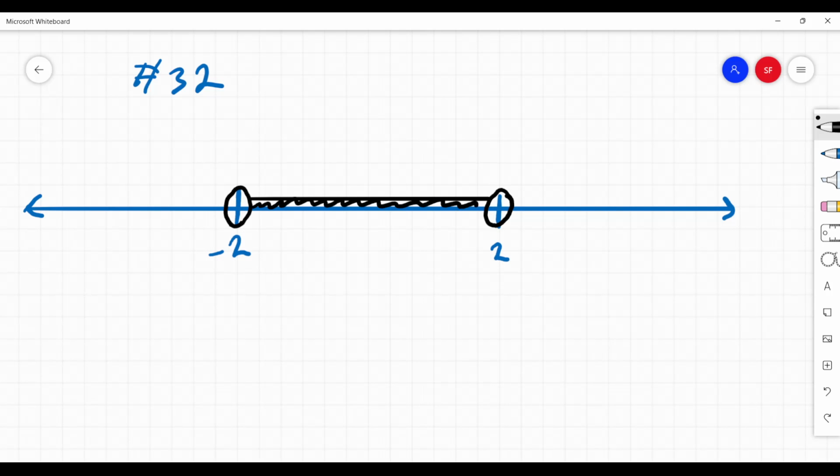We need to write an absolute value equation that would work for this, right? What's the middle of this? 0, right? That's the middle of this thing.